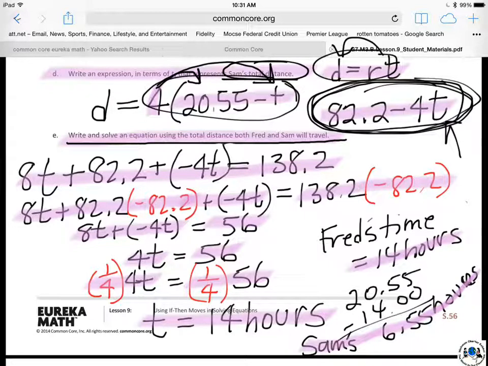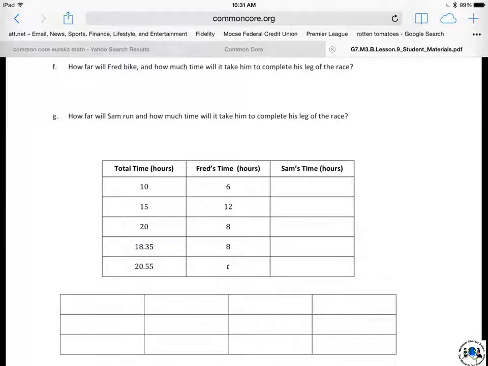Okay, we're not done with this problem yet. Great problem, so thorough, so much to do. Hopefully you're getting things right along the way, and hopefully you're growing in your knowledge of algebra. Let's go ahead and solve this one here. This is part F: how far will Fred bike and how much time will it take him to complete his leg of the race?